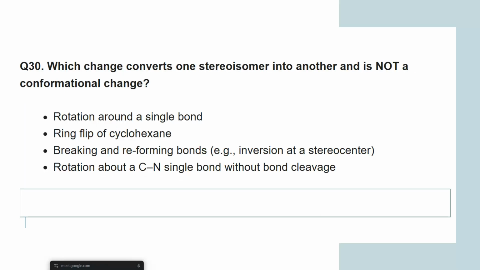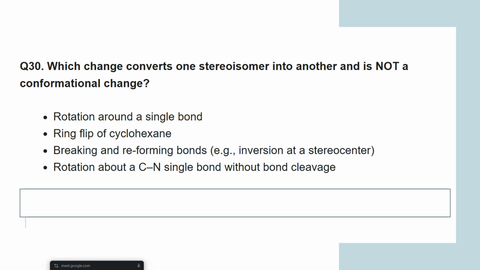In the next question, we have: which change converts one stereoisomer into another and is not a conformational change? Rotation around a single bond, ring flip of cyclohexane, breaking and reforming bonds, for example, inversion at a stereocenter, rotation about a C-N single bond without bond cleavage. So we are given these four options.